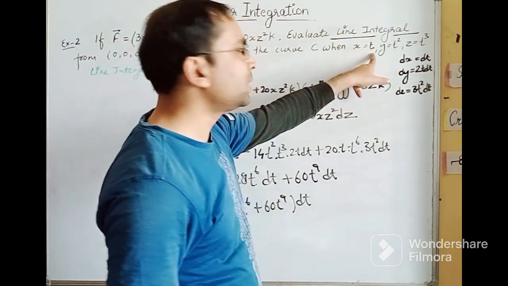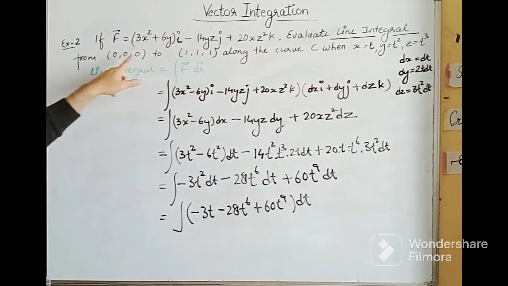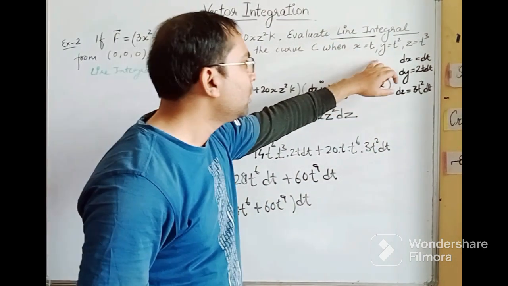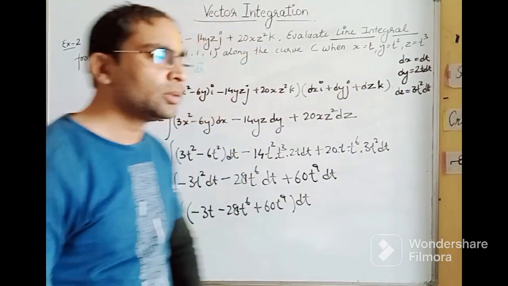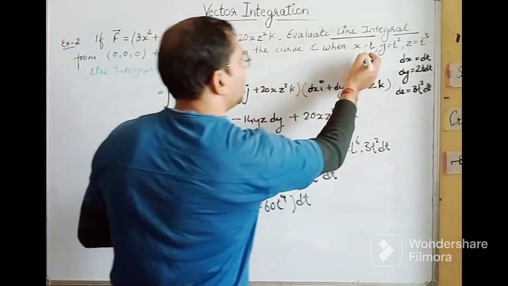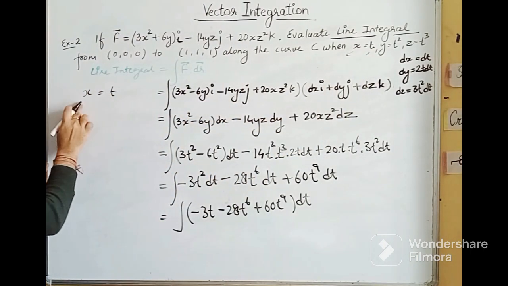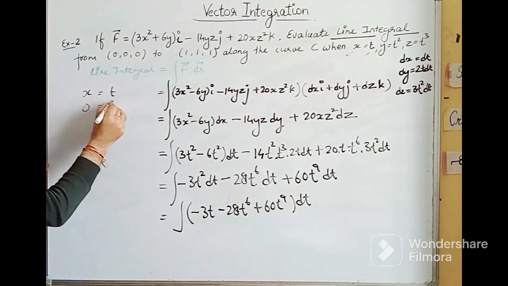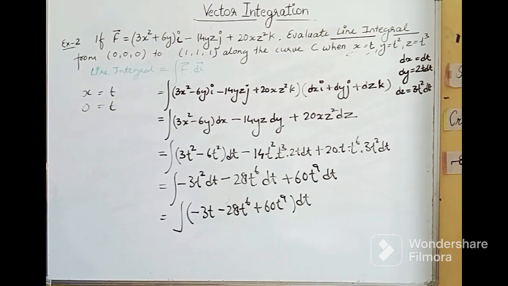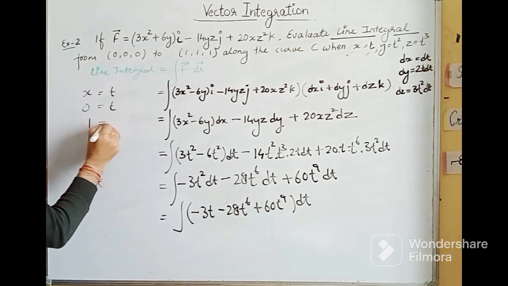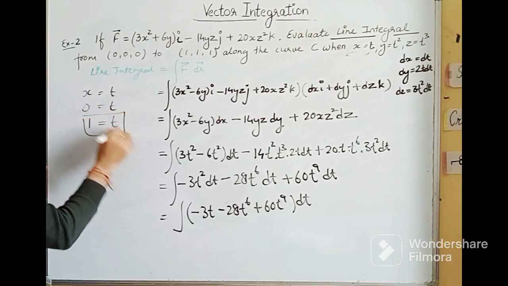Whenever x was t, then t would be from 0 to 1. So this is for x. y is equal to t square. So let's say first we will use x is equal to t. Using x is equal to t, when x was 0, we find t is also 0. Then when x was 1, we can see that t is also 1.